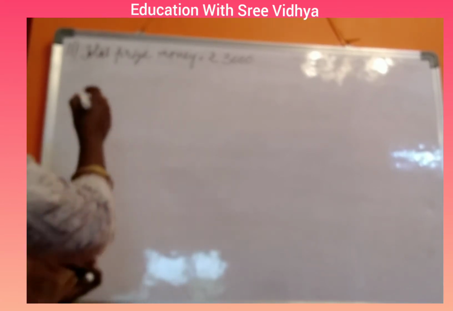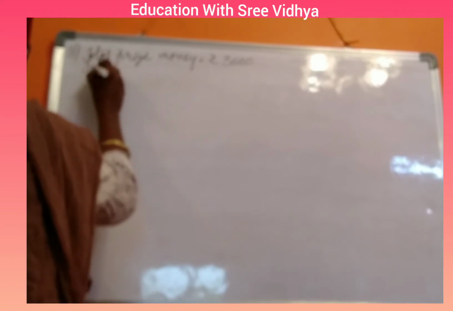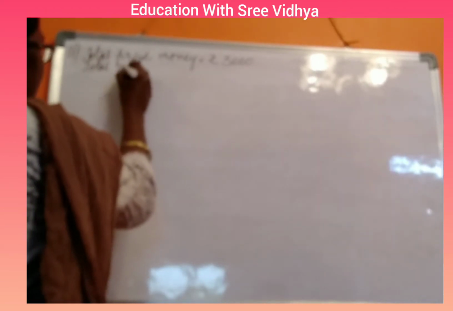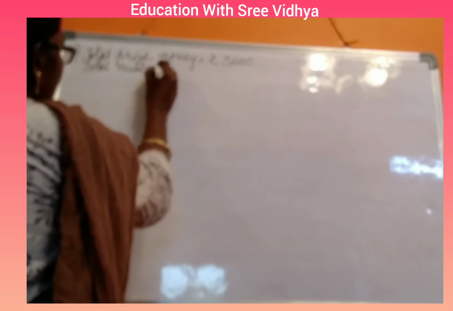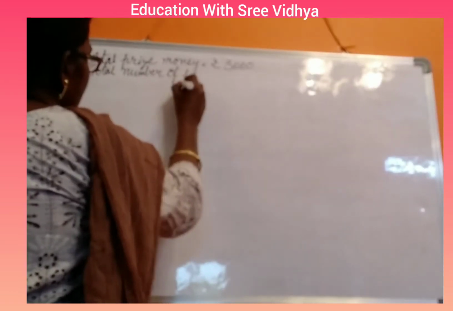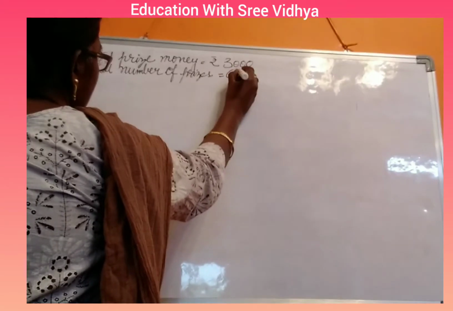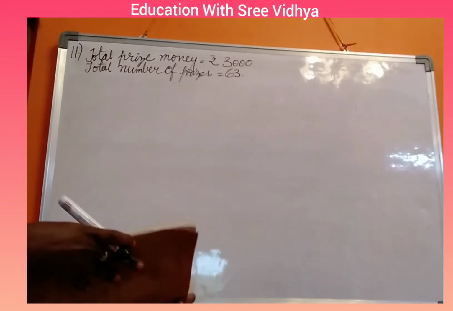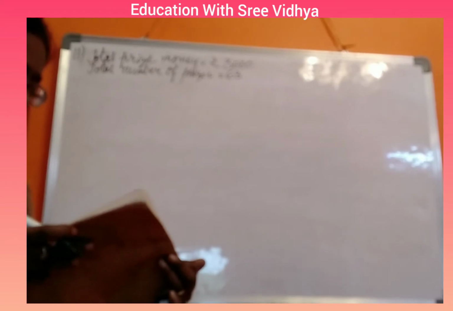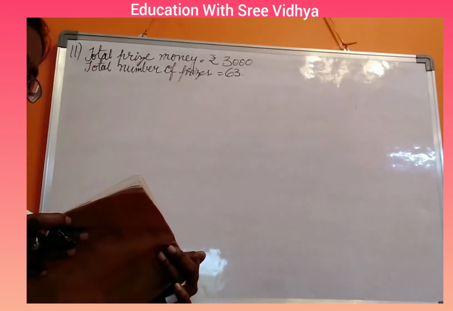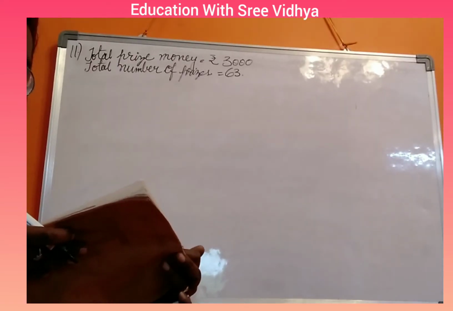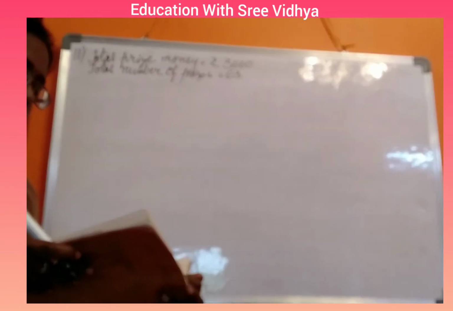Total number of prizes is equal to 63. And either it may be 100 rupees prize money or it may be 25 rupees prize money.